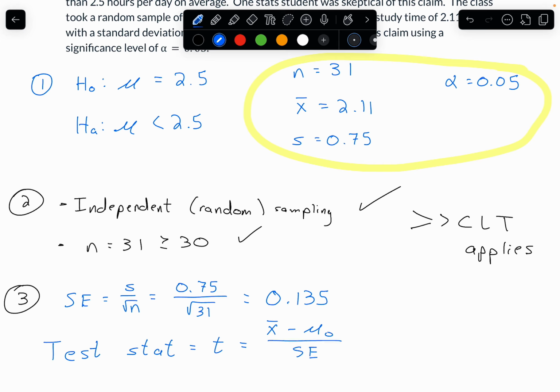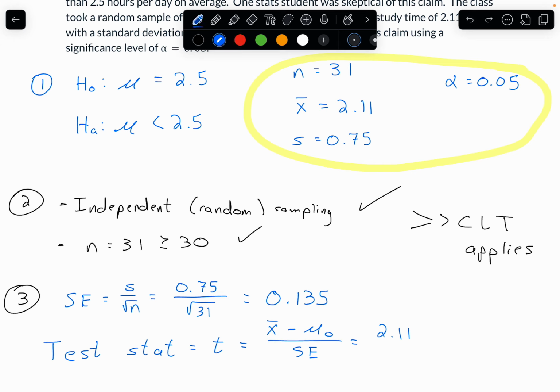So x bar, that was given up here in our problem as 2.11. That part's not really too much of a problem. Remember when we talk about our null hypothesis, mu naught, we're looking at the value that we talk about in our null and alternative hypothesis, which in this case is 2.5. So mu naught is equal to 2.5 here.